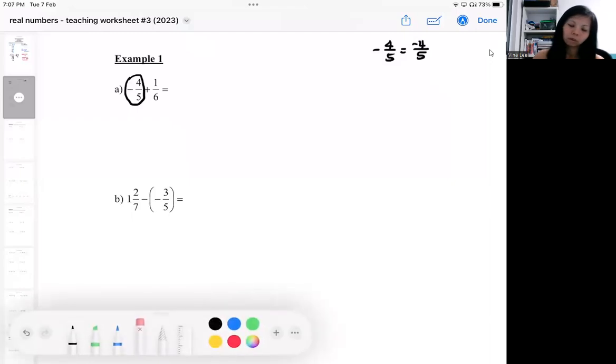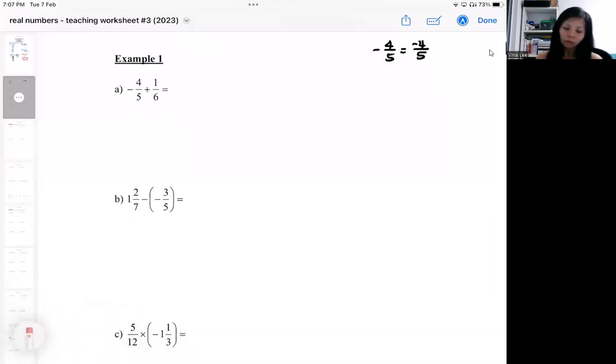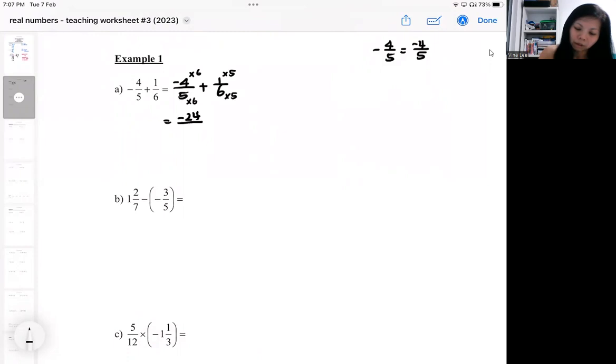So what I can do is make it belong to the numerator. And this is the situation of fraction plus fraction, where you've got to make the same denominator. So I'm going to make the same denominator.